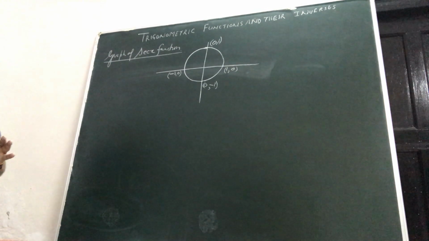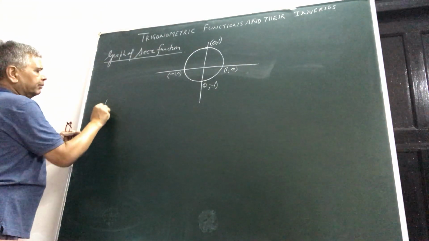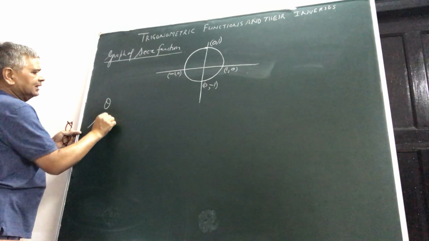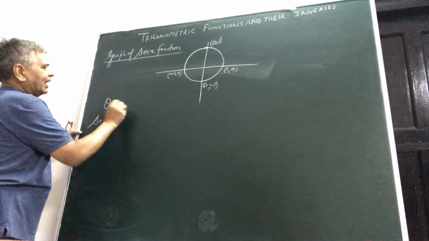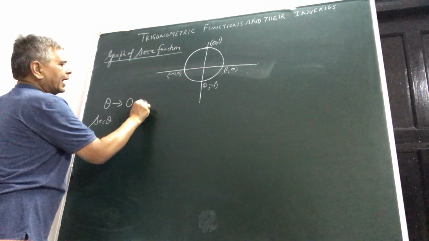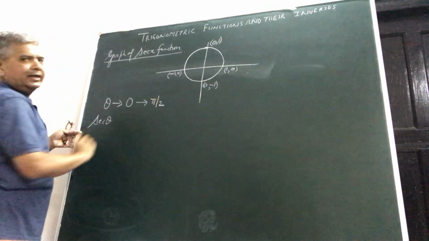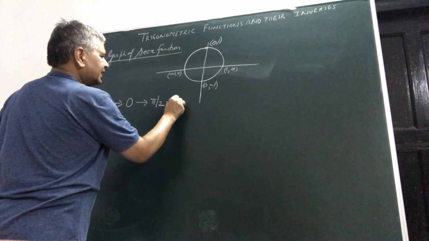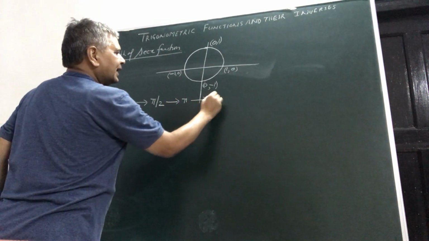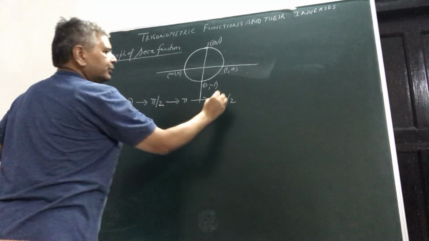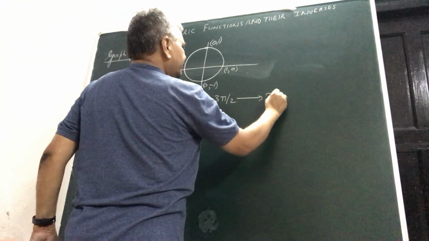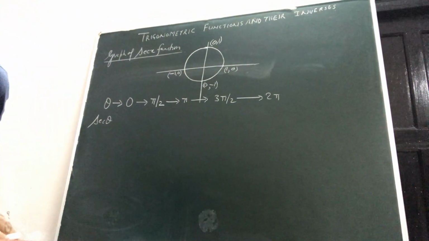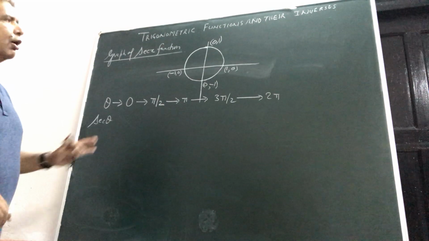And then we will move over this theta, and then you will be finding the value of sec theta. Initially theta will go from 0 to pi by 2, that is in the first quadrant. Then we would be moving into the second quadrant, that is from pi by 2 to pi. Then the third quadrant, up to 3 pi by 2, and then finally to 2 pi. So this is how we will try to obtain the graph of this function.